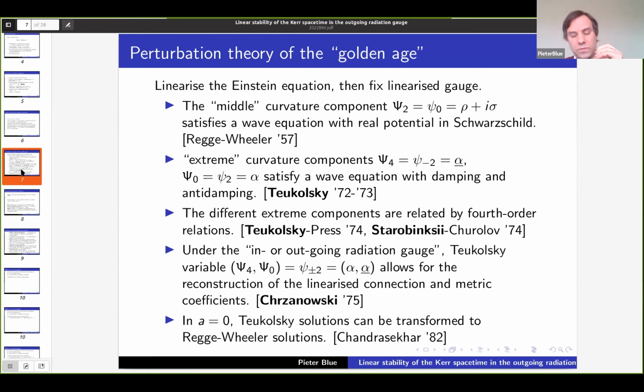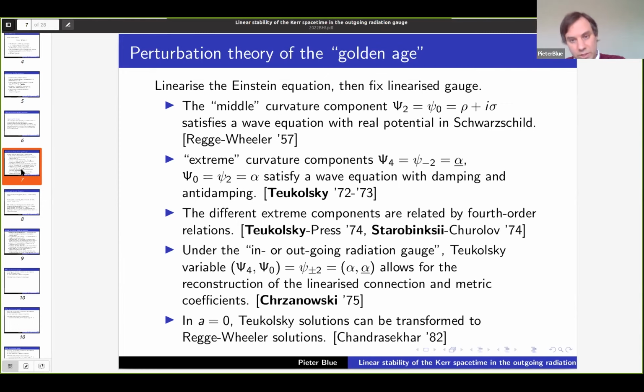And then it sort of remained stuck there for 15 years. And then in the intervening period, the Kerr spacetime was discovered. And then Teukolsky looked at the stability of that and found that the extreme curvature components, those with spin -2 and +2, satisfy a wave equation, but not a standard wave equation.